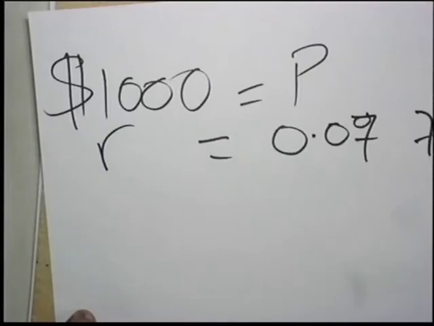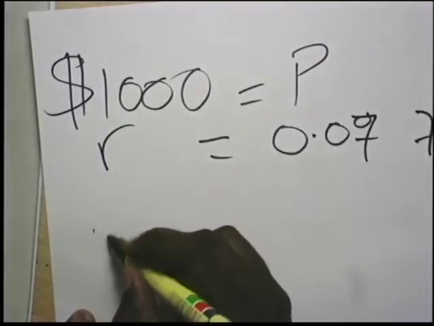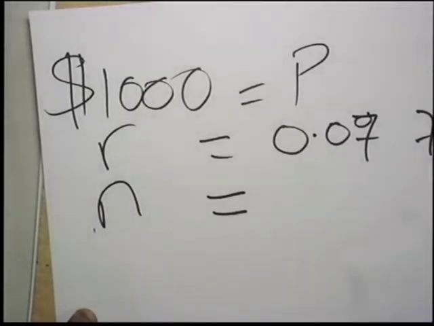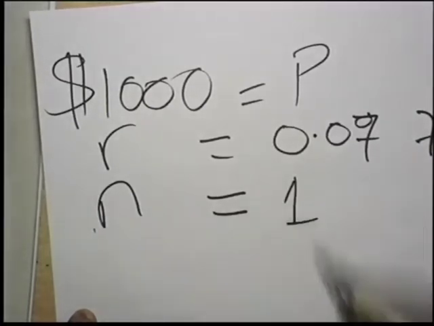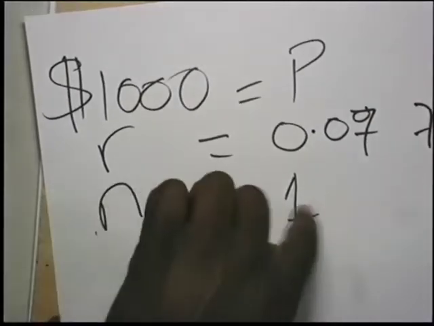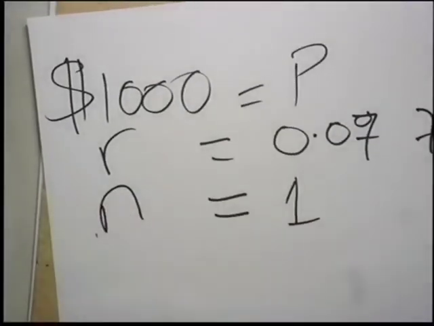Now, time period N is 1 year. What does this mean? It means we are calculating our interest once per year, right? So our N is 1.